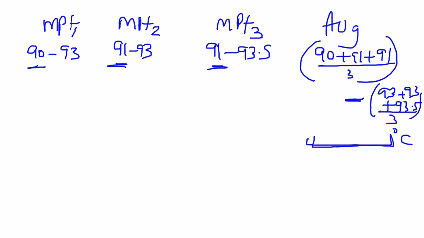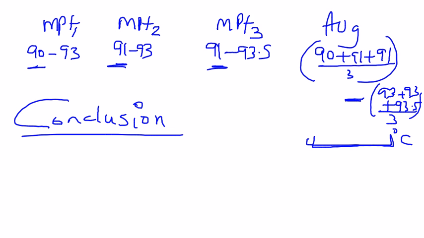And now you will write down your conclusion, which will include everything right from the beginning. So you would say unknown whatever was recrystallized in whatever it was your solvent of choice, in whatever was percentage recovery.